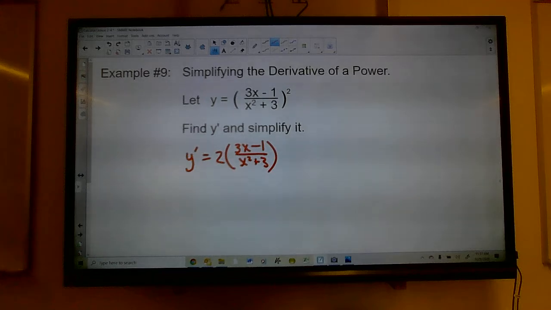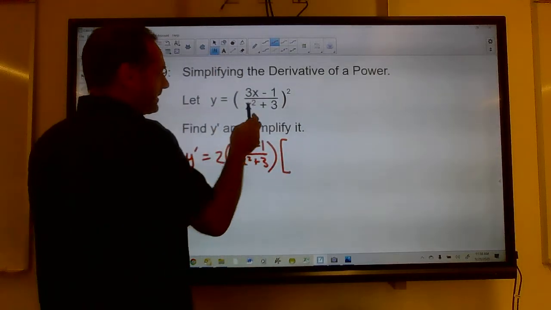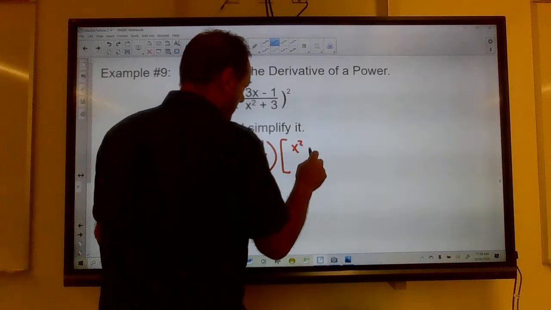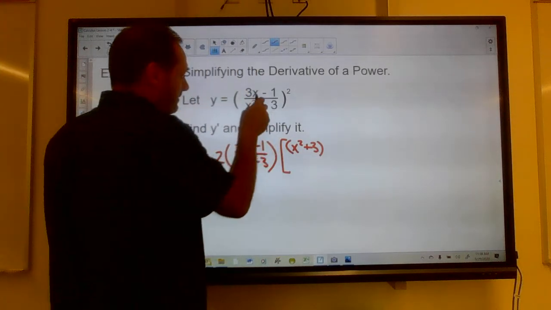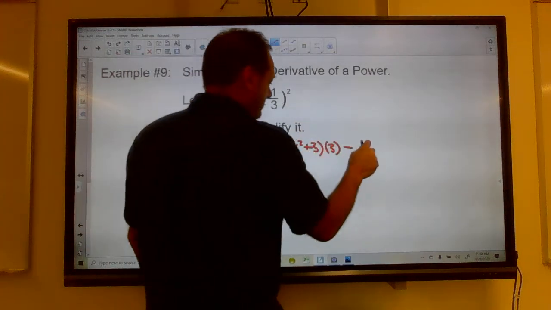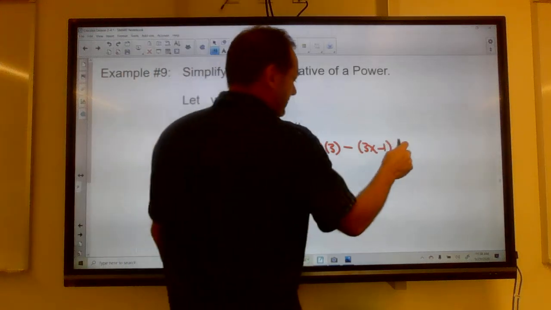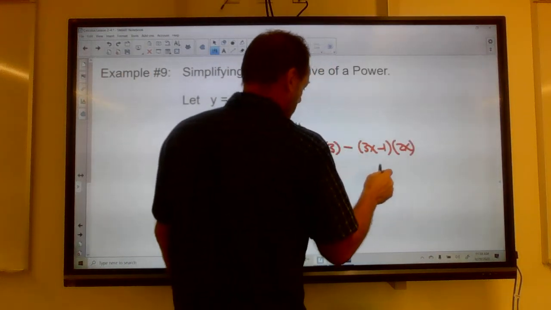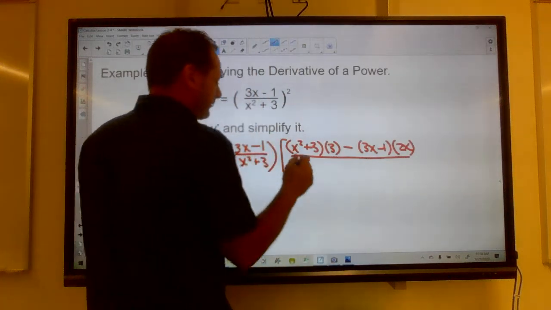This is where this is going to get tricky. So it's going to be a quotient rule. So we take g prime, or I'm sorry, g of x times the derivative of that minus f of x times the derivative of this, all over that squared.